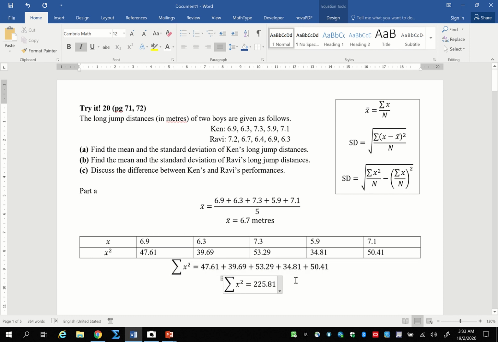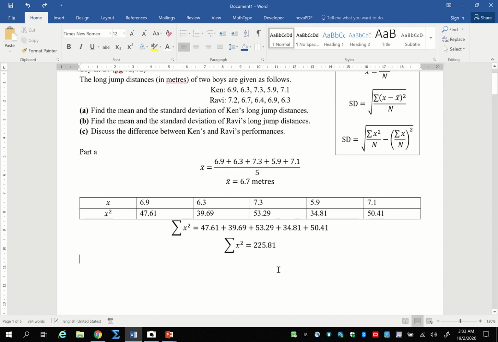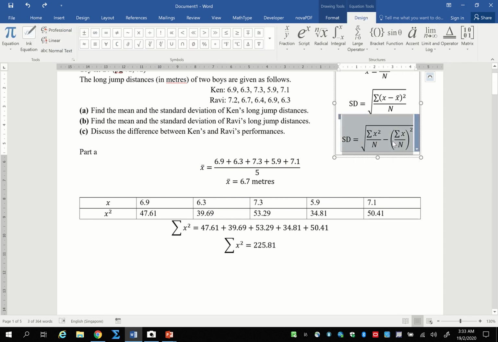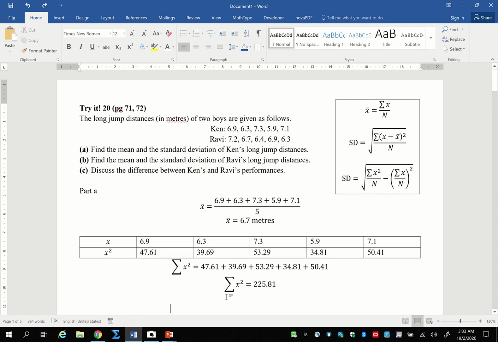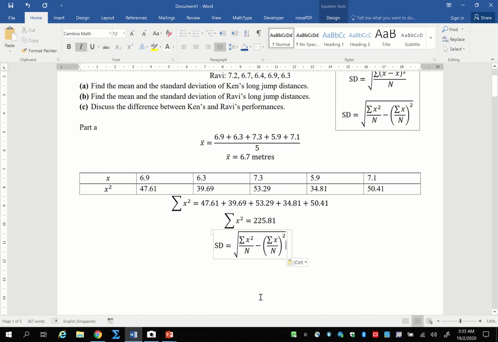Alright, so to find standard deviation, let's just copy the formula here and plug everything in.